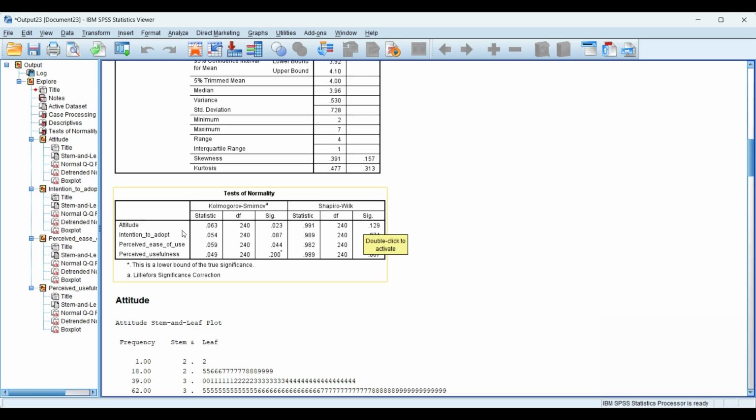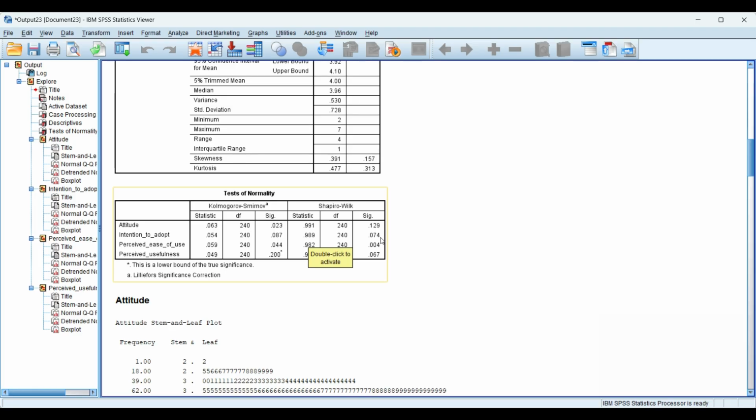You can also see the intention to adopt measurement scale. You can see 0.054 and the p-value is 0.087. Data is normal. And on the other hand, in case of Shapiro-Wilk, the value is 0.989 and the p-value is higher than the significance level 0.05.